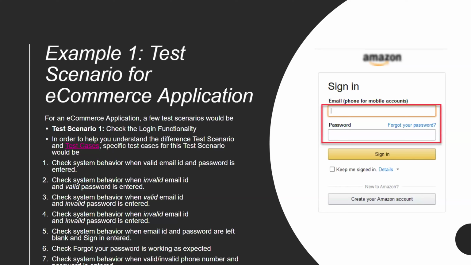First, you need to check the system behavior when a valid email ID and password is entered. That is one. So as a user, if I enter a valid email ID and password, in fact, as I'm doing this, let me open another tab side to side and just go to Amazon.